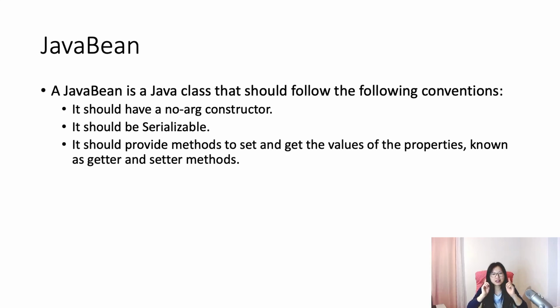And the last one is for a class like a person. If you want it to be a JavaBean, then all the fields or properties must be declared as private, must. Because JavaBean wants to have full control of the properties, all of them are private, and you have to provide getters and setters to provide a way to access the properties: to change the value using the setter, to get the value using the getter methods.